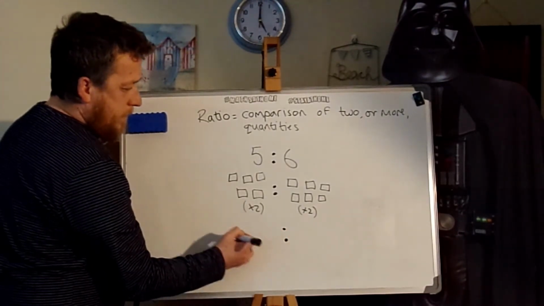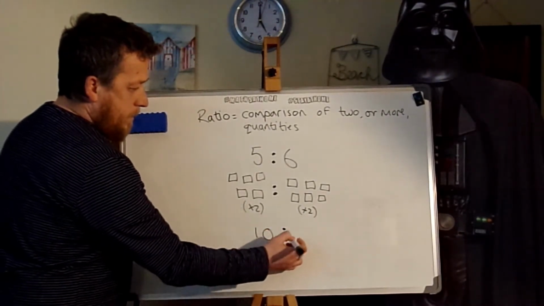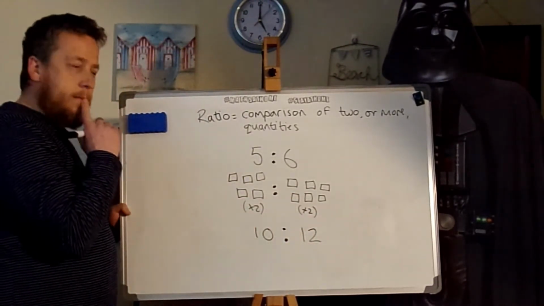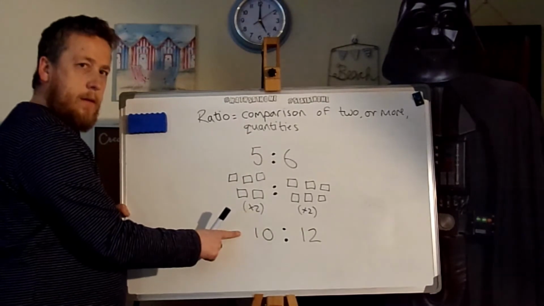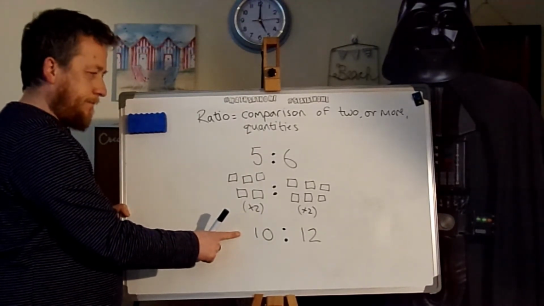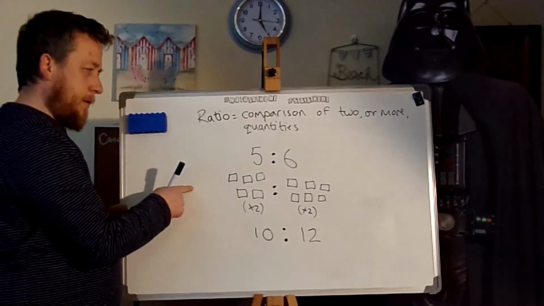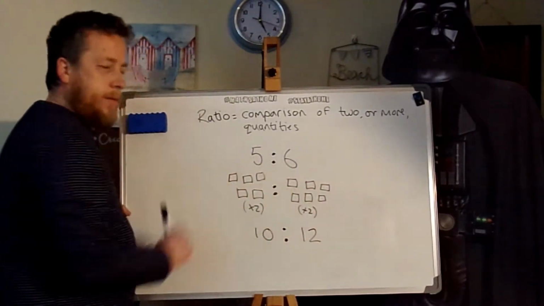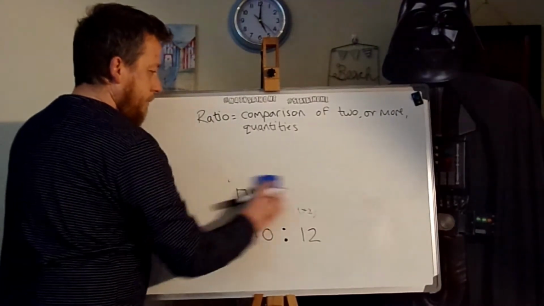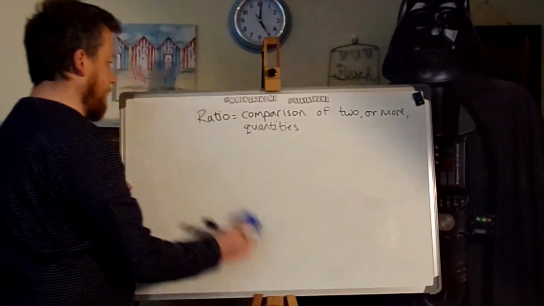So let's double the 5 to make 10 and double the 6 to make 12. And what that's showing is if for every 5 on the left, we would need 6 on the right. So if we had 2 lots of 5 squares on the left, we would need 2 lots of 6 squares on the right. So the ratio numbers have changed, but it still shows the same comparison.